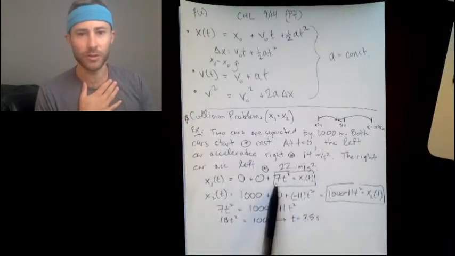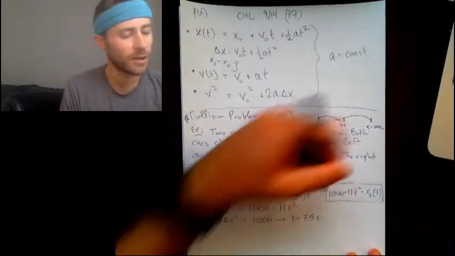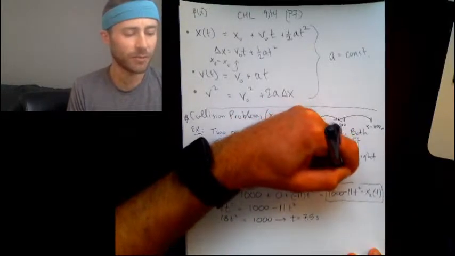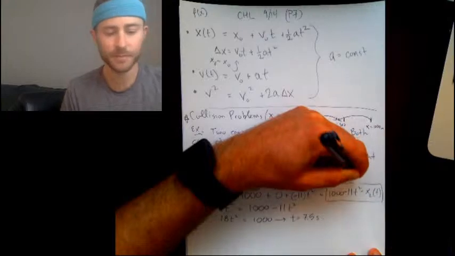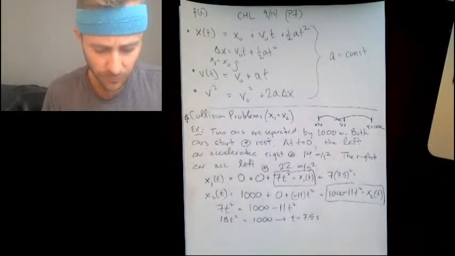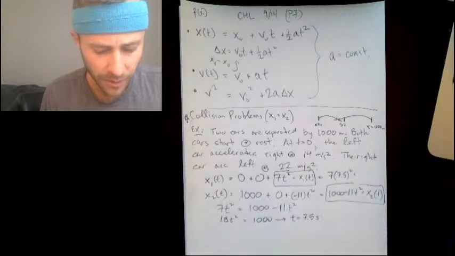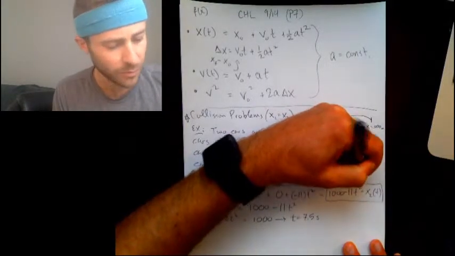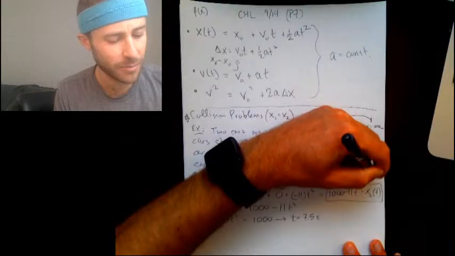See, this only has one term, that one has two terms. Okay, so if I plug that in, I get 7 times 7.5 squared and I get that the collision occurs at position 389 meters.